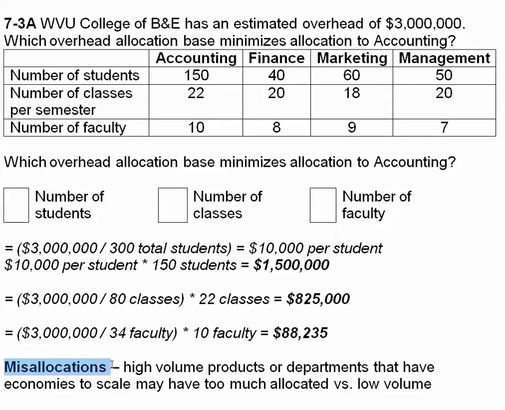You can get what is considered misallocations, because you might have a high volume product or department get too much of an overhead, where they may have economies of scale. And maybe of this 3 million, finance would get the lowest proportion. They'd only get 40 of the 340 divided by 300 of the overhead.